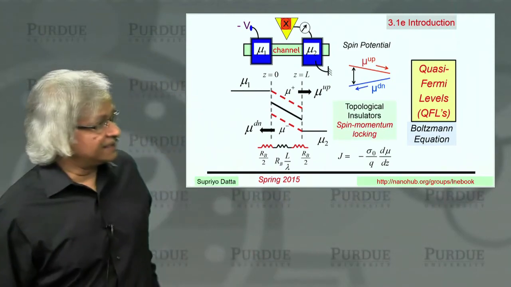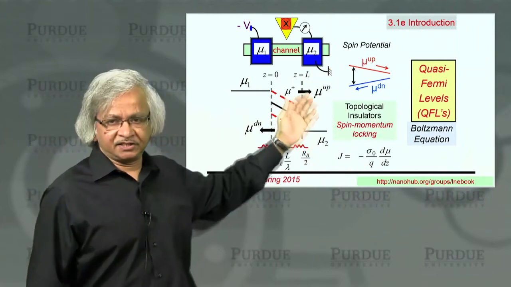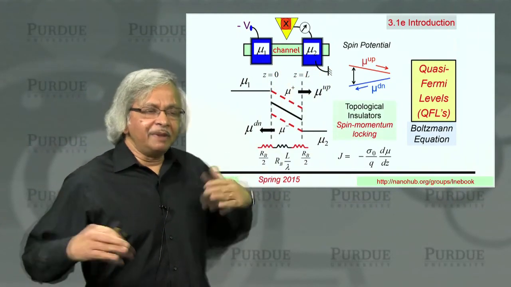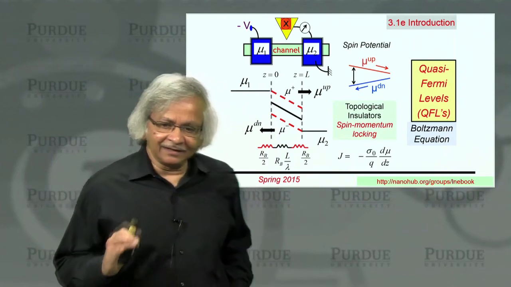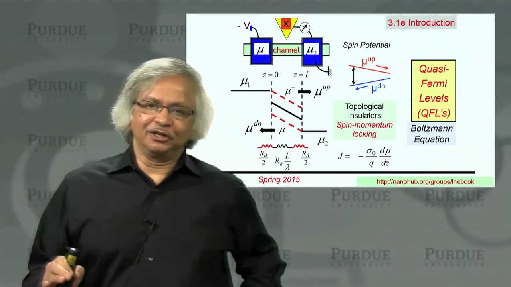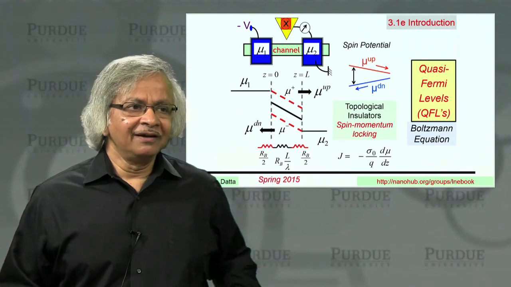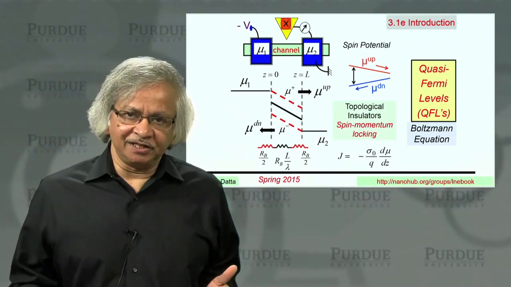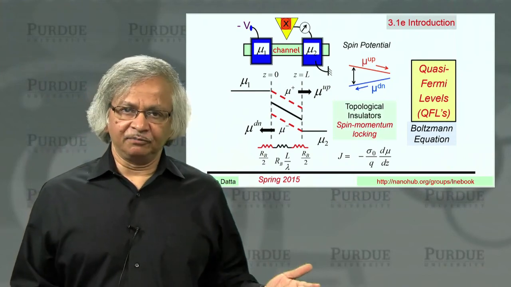And what I believe is that in the coming years, there will be more and more such examples in nanoelectronic devices, which will make it very important to really understand what potential means, what it is really about, and this idea of quasi-Fermi levels, and that different species can have different quasi-Fermi levels.